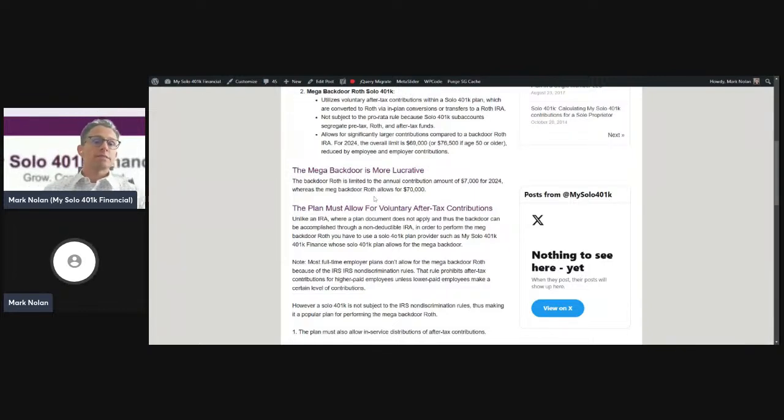If we're talking about the mega backdoor Roth, and if we're talking about a solo 401k here, you can make a total of $70,000 for 2025 as an annual contribution to the voluntary after-tax bucket of the solo 401k. So that's much higher. And then you can convert that $70,000 immediately to the Roth solo 401k bucket or to a Roth IRA.